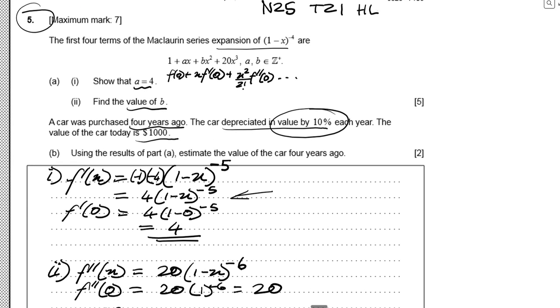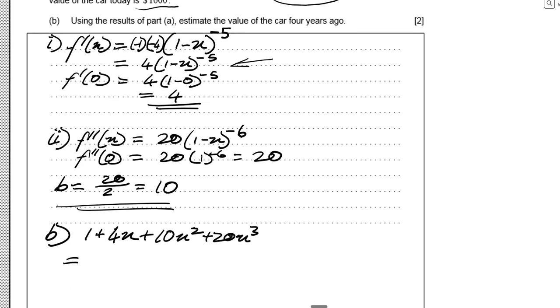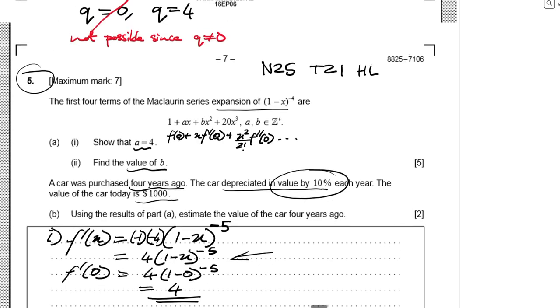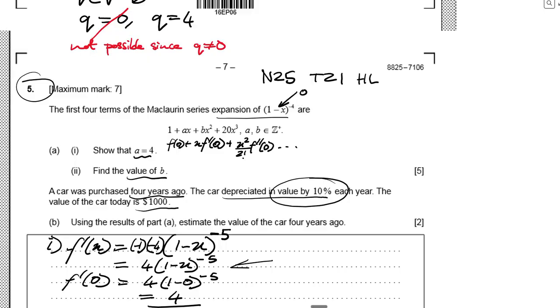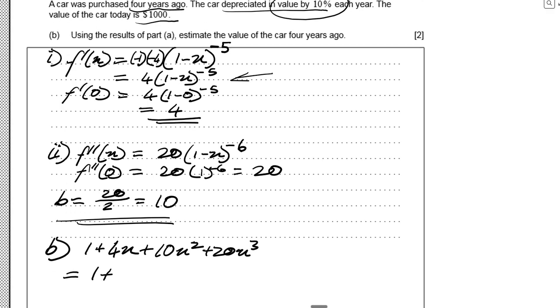And then we have a discount factor, which is what we would tend to put here. We would put 0.1, right, as our x. So now our x here is also 0.1. And 0.1 squared plus 20, 0.1 cubed.